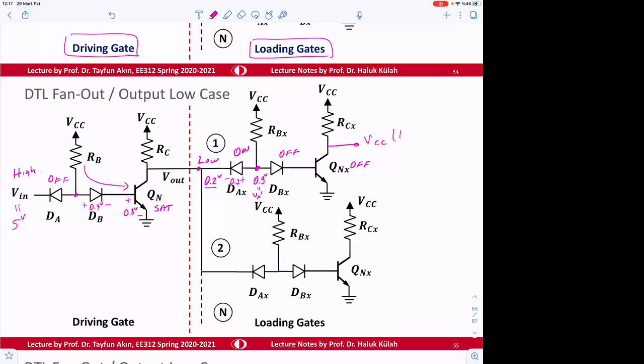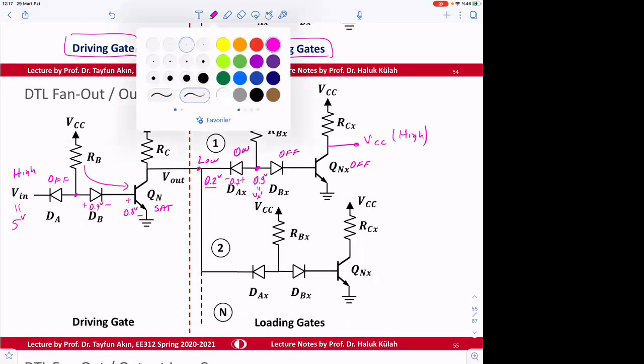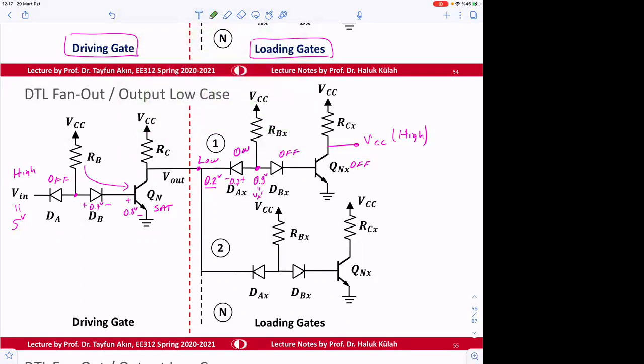Oh, I start to delete these. Okay, sorry. Now, this current is I base. This current is I collector.